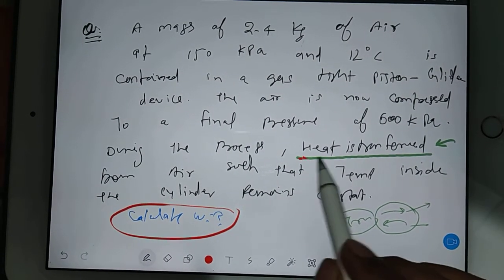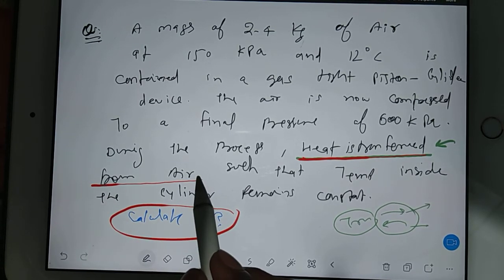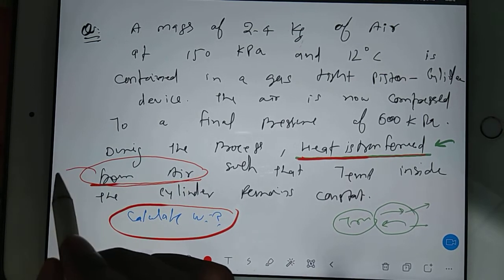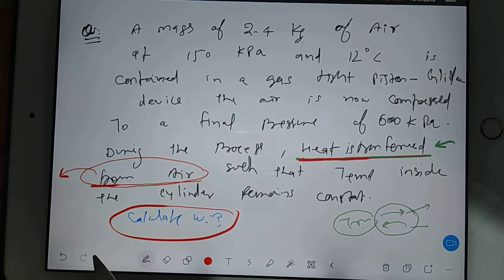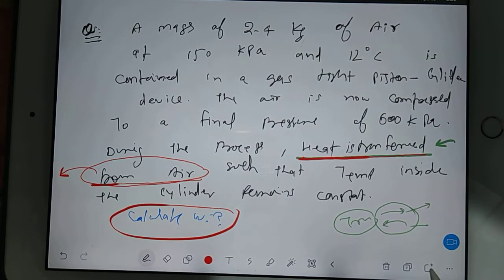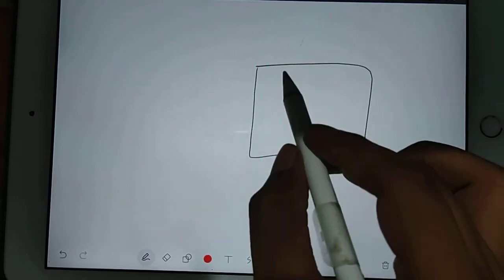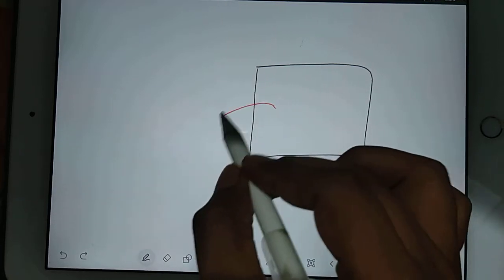So see, heat is transferred from air. It means from air you take the heat and send out. From air means from the cylinder. You have an airtight cylinder, in this you have your gas, that is your air. So you are sending the heat out.